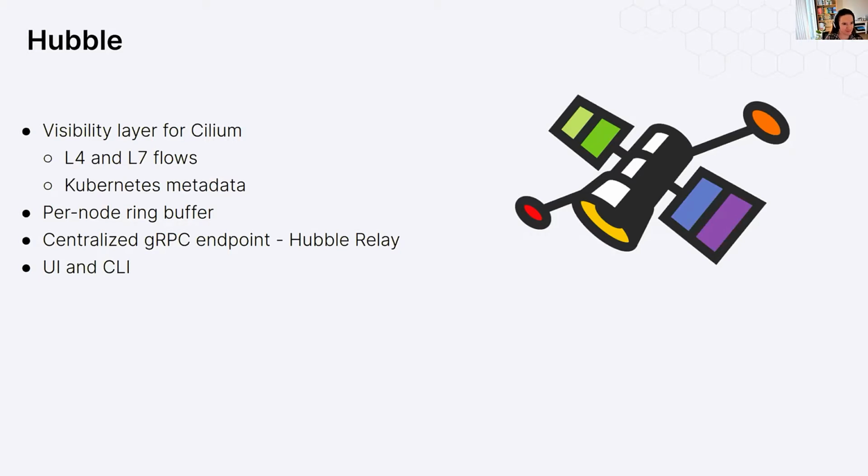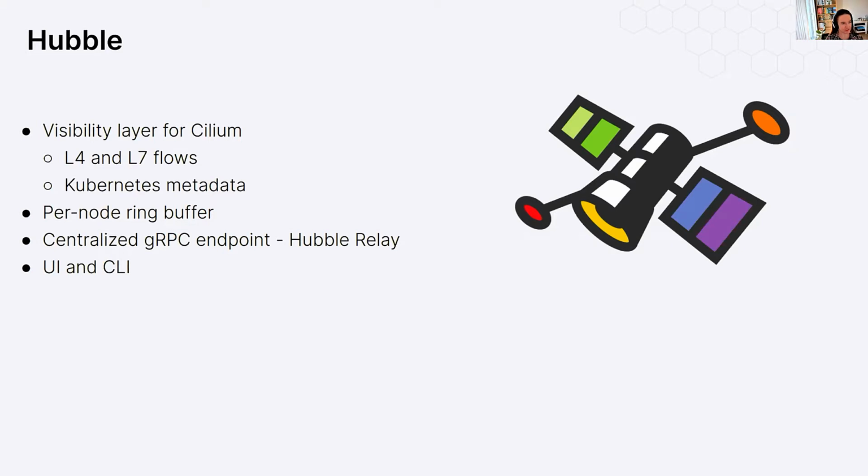How Hubble works is that the Cilium agent is a daemon set deployed to each node in a cluster. And Hubble stores flows in a ring buffer per node.